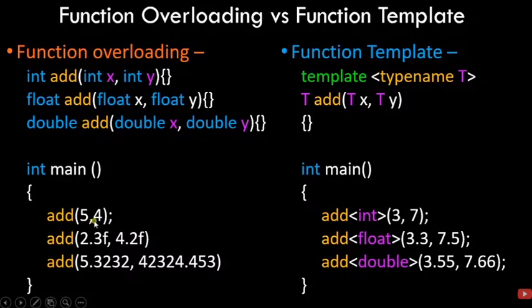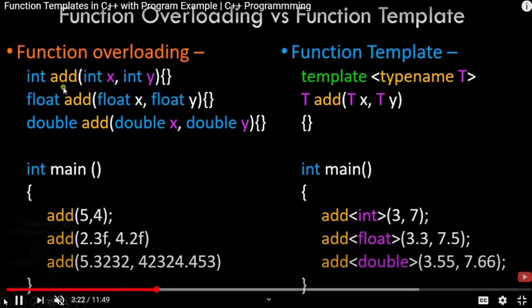Instead of repeatedly writing the same function for three different data types, in the function template I can define one template. This is how I can define a template. Template is a keyword, and in the angular brackets you write typename. Typename is also a keyword, and T is the placeholder. In T you can mention any type of data.